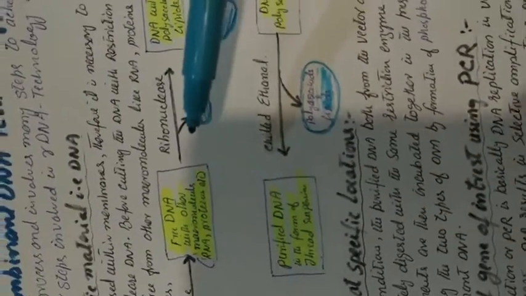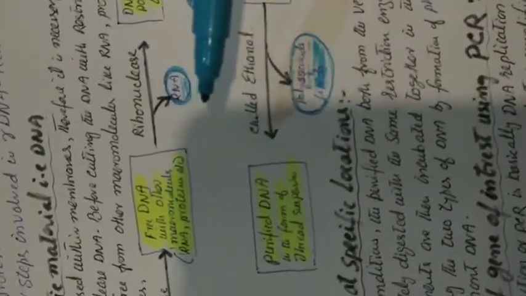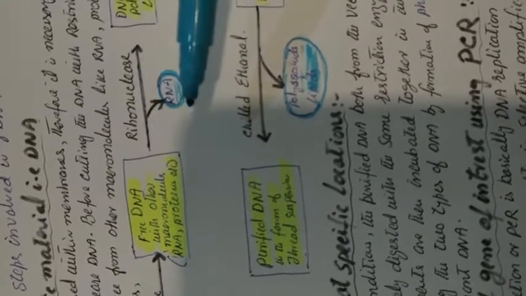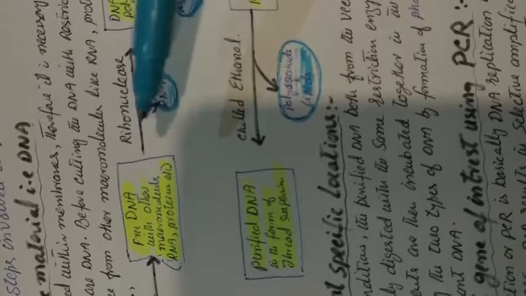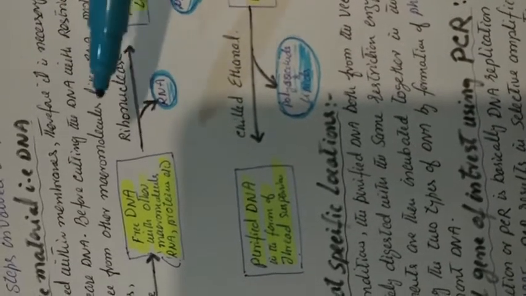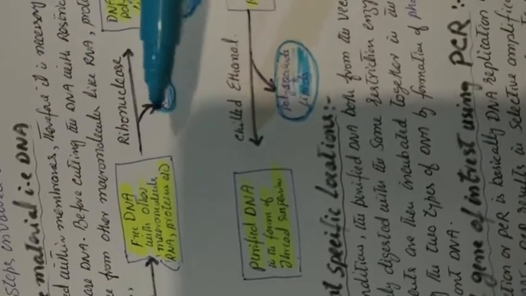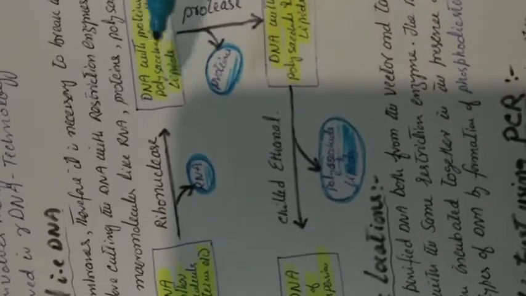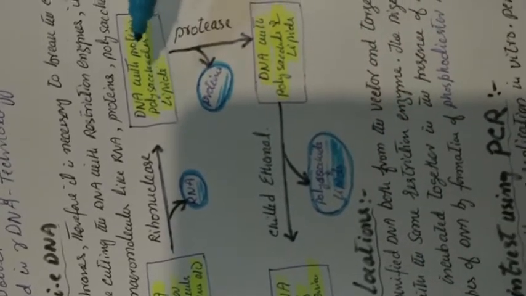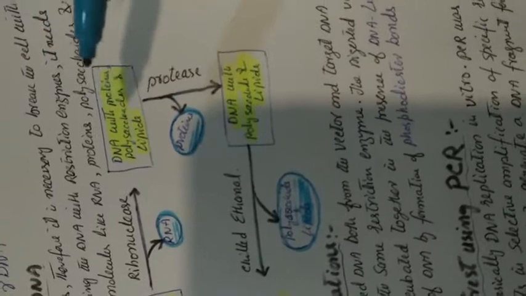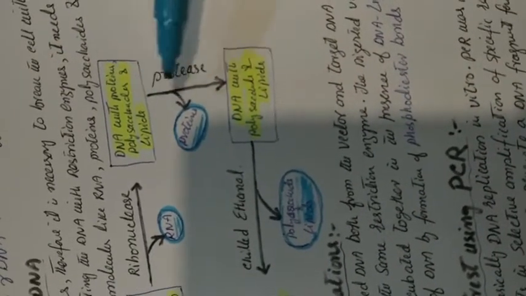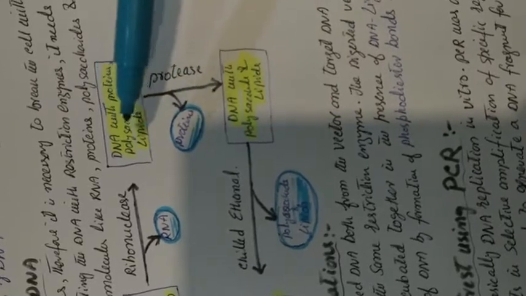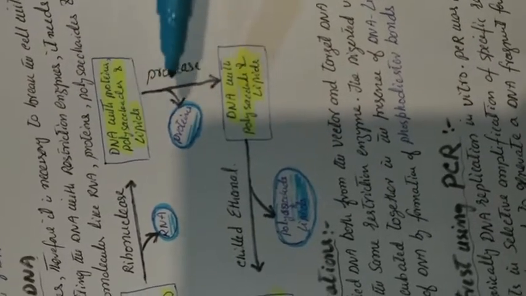Now in this next stage, we remove RNA by treating this suspension with another enzyme called ribonuclease that destroys the RNA, and we get DNA with proteins, polysaccharides and lipids. Now from this suspension, we remove proteins by treating it with another enzyme called protease.